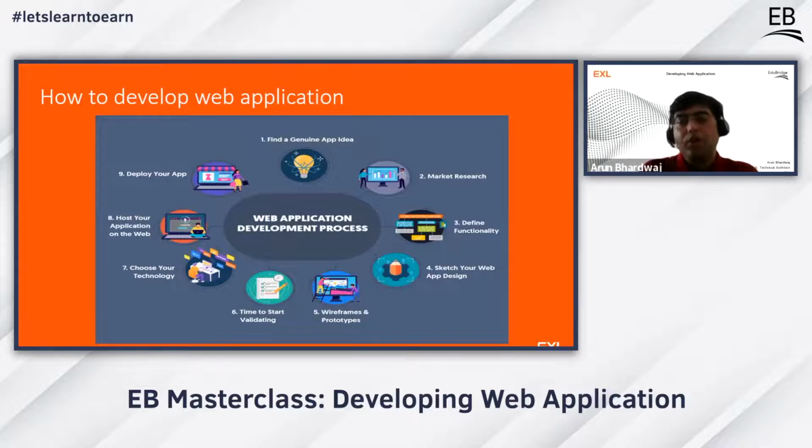Then you have to choose the correct technology to develop that particular application. Once it is developed, you will host your application on the web and deploy it, right? So these are the basic steps for any application development.